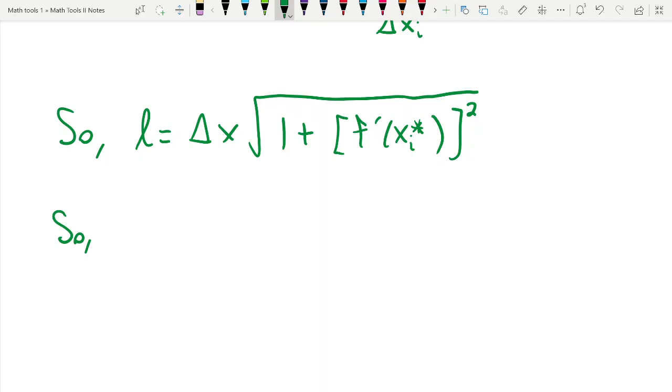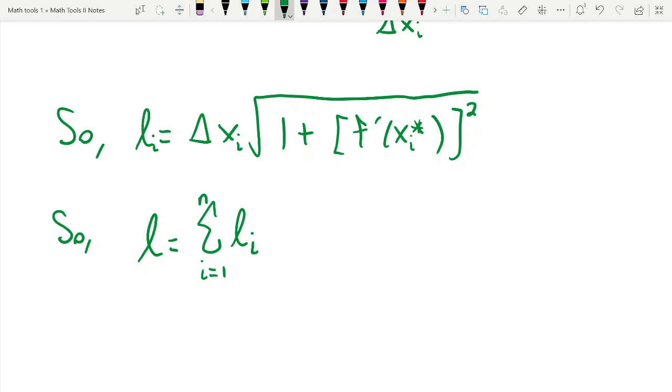So let's call this L_i first of all, and we'll put the i's in there to indicate that this is only for one segment. Okay, so L would be the sum from i equals 1 to n of the L_i's.